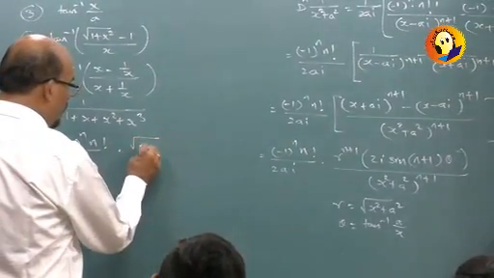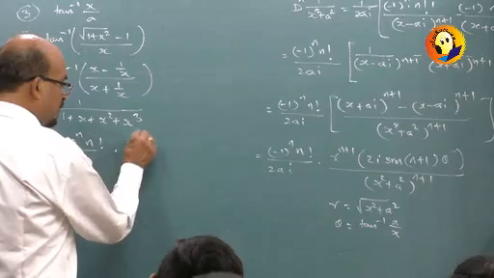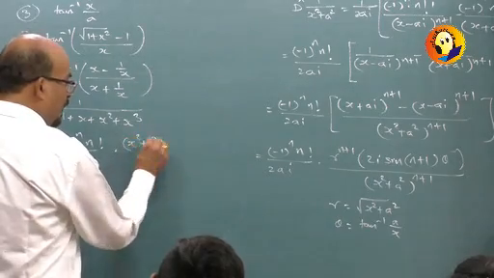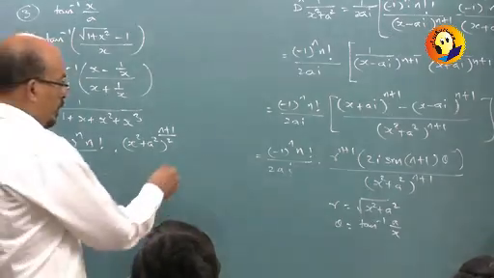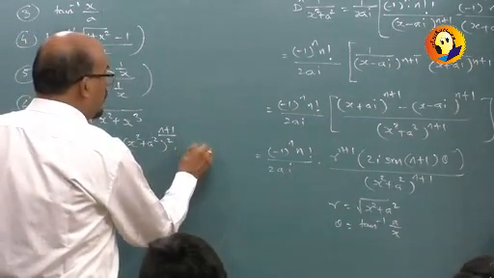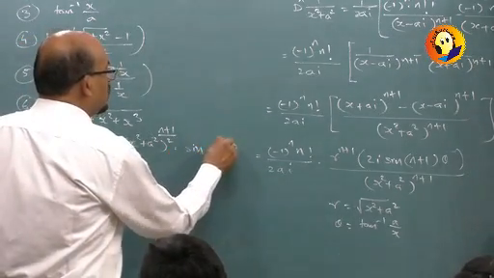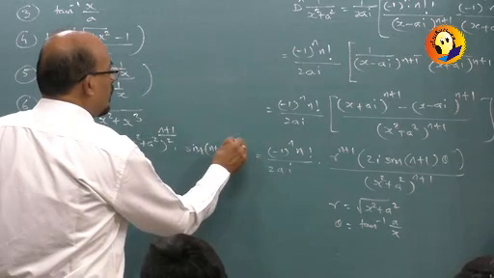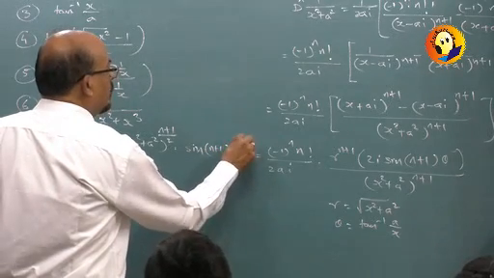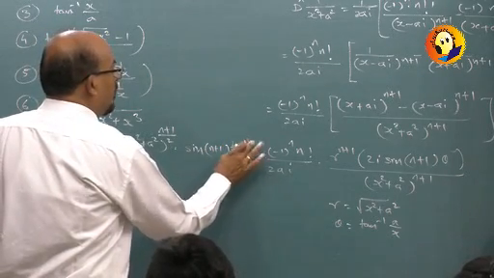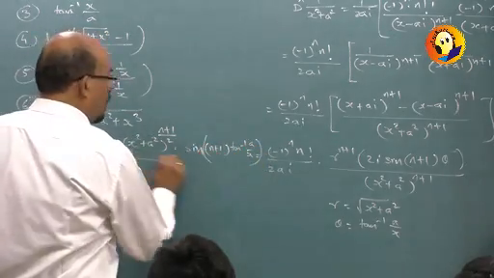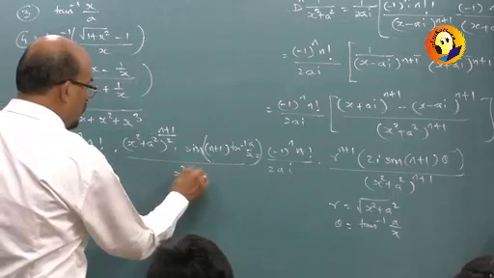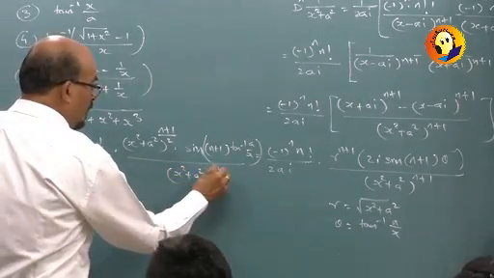Root of, rather I will write it as x square plus a square raised to n plus 1 by 2 into sine of n plus 1 tan inverse of a by x upon x square plus a square raised to n plus 1.